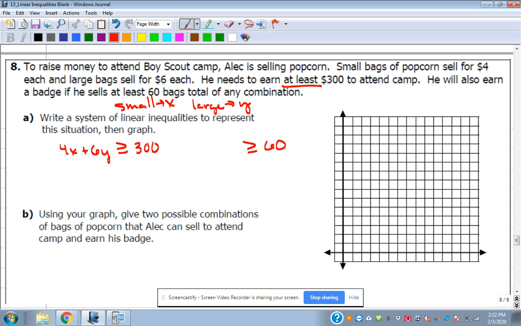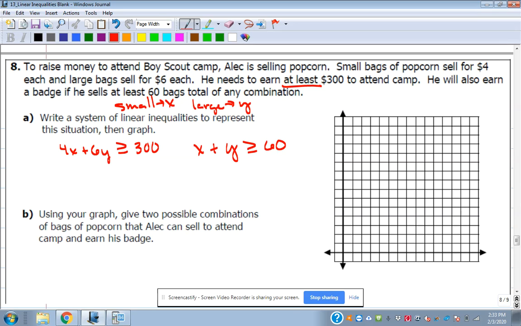How small or large, doesn't matter which ones, but we're probably going to sell some small bags. We're probably going to sell some large bags, right? We don't know how many of any of them, but we just got to sell 60 total. How do you total things in math? Add them up. So small bags plus large bags, x plus y, is a total, right? Those are our two inequalities that we're going to graph on that graph over there.